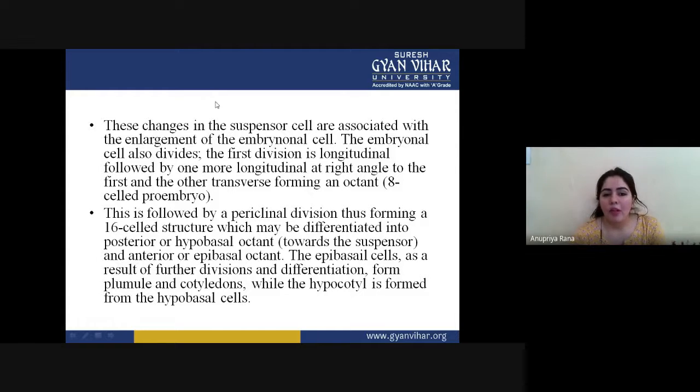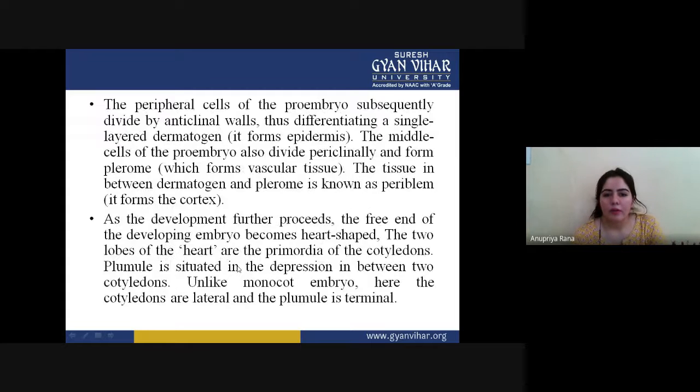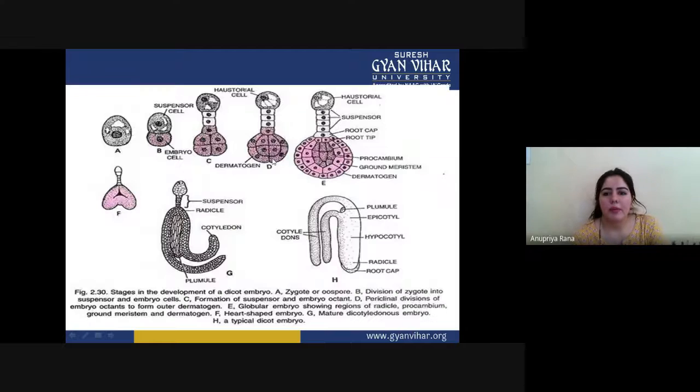This hypobasal octant will be towards the suspensor. And the anterior one is called the epibasal octant. This is the epibasal octant, and this is the hypobasal octant, which will be directed towards the suspensor.